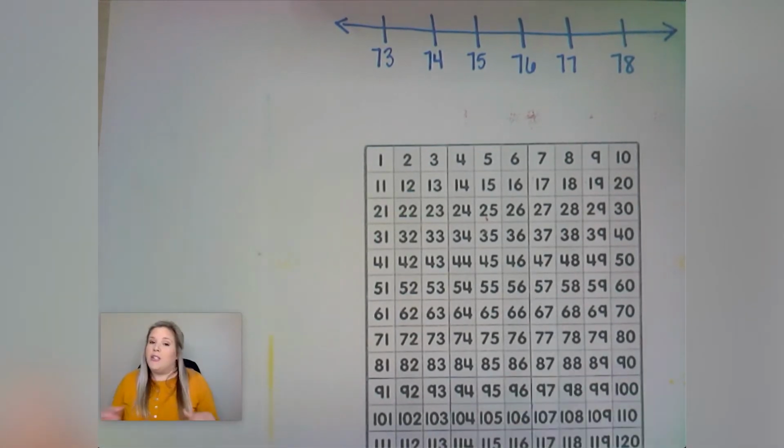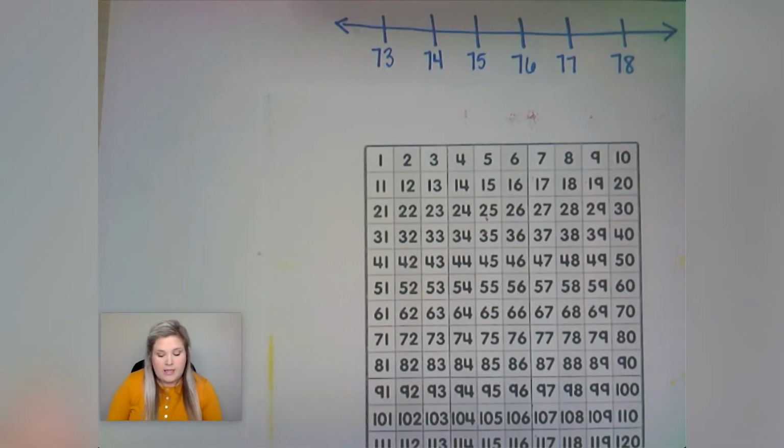You are going to use your paper and your pencil today to follow along with me as we use open number lines to help us count by ones and by tens.